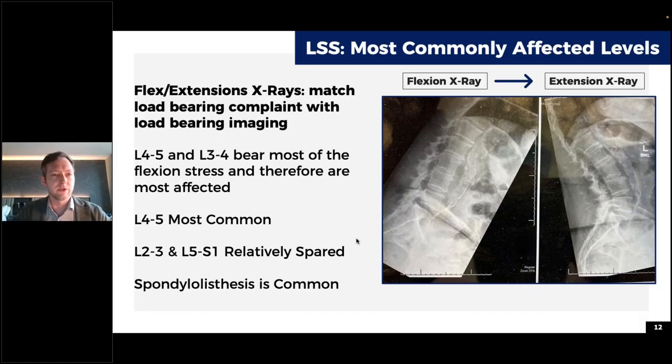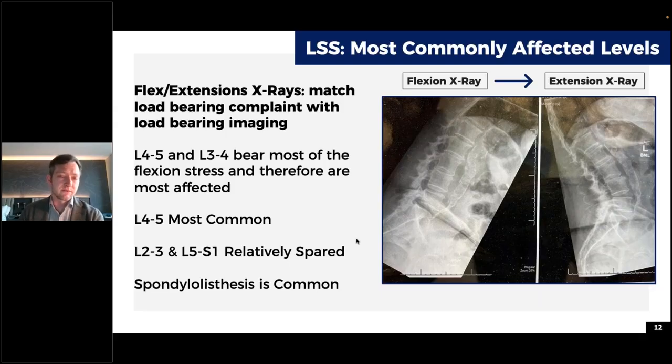But I've really grown to appreciate the versatility of this study, both for giving you a global sense of the coronal and sagittal alignment, and showing you the potential for dynamic instability, angular instability as well, like Dr. Bovenet described. So it's very important that we take load-bearing X-rays, especially if you have concern for instability. I wouldn't say this is a necessary study in all patients if they've already had an MRI, but it gives a lot of great information.